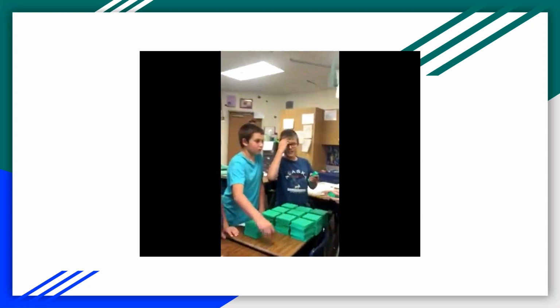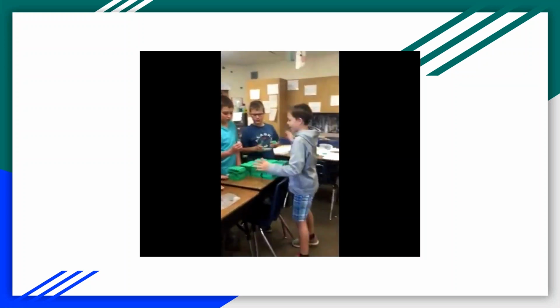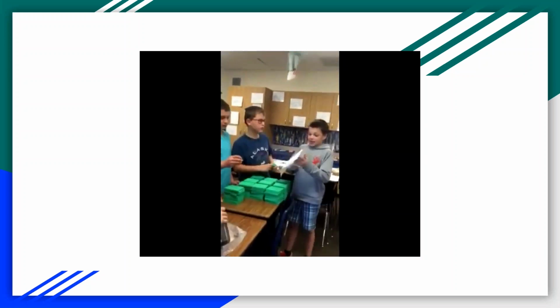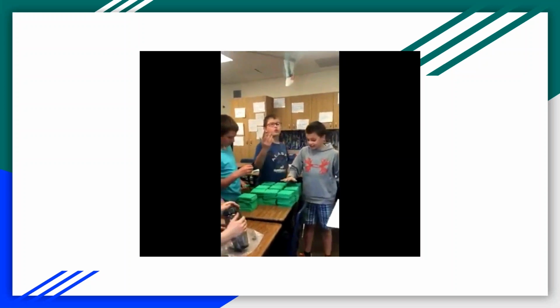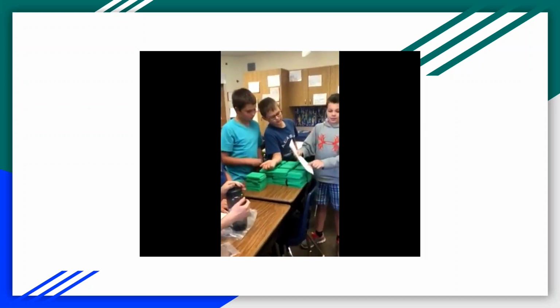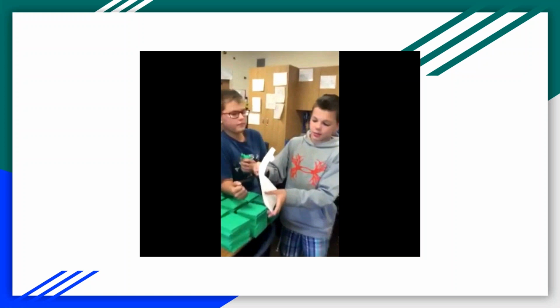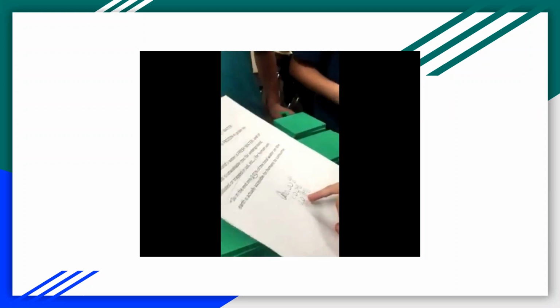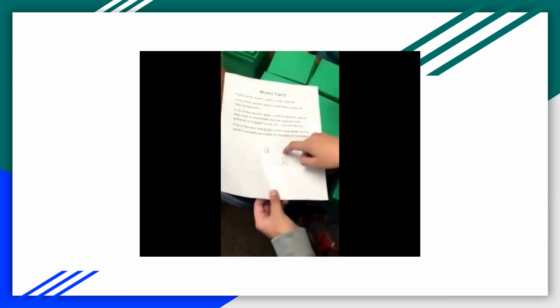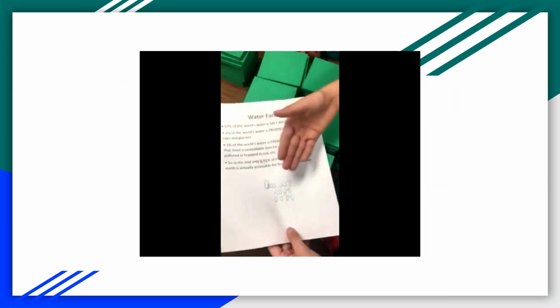So how we knew how to make all of these thousands is because it's a 0.1, and then how many of these goes into that? 10. How many of these go into that? 10. And then we realized this is 100, and then this goes into 1,000, and this is 4 zeros and 3 zeros.